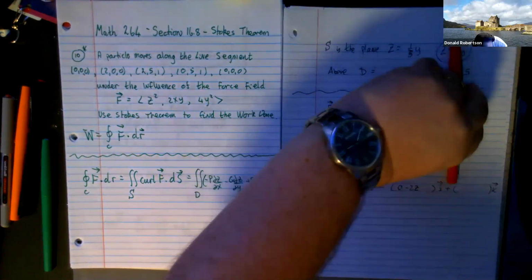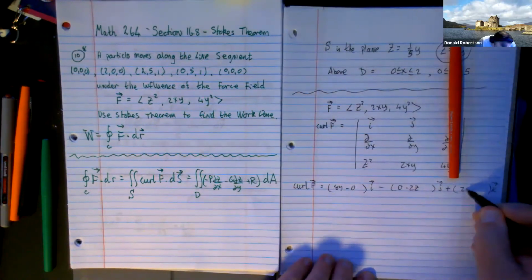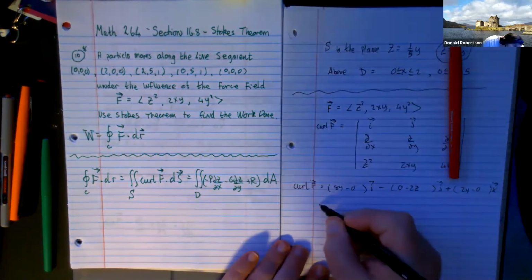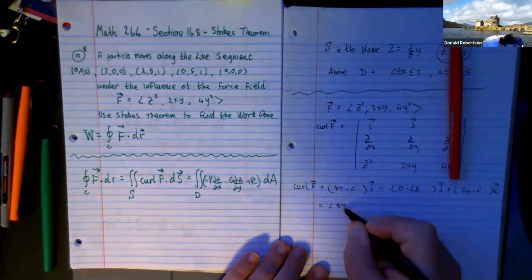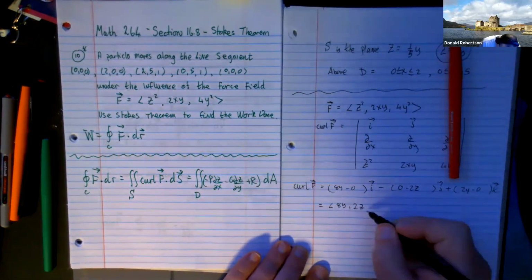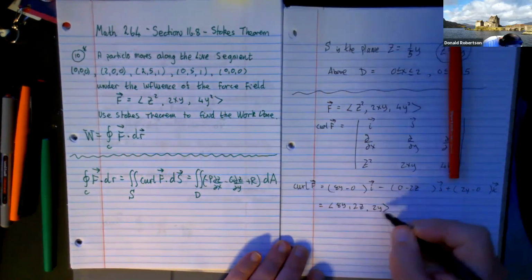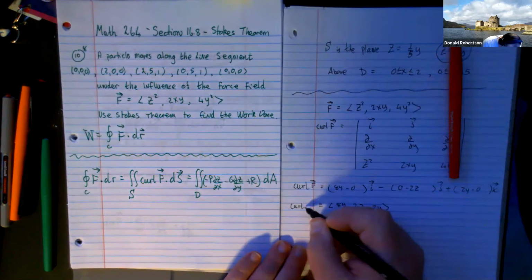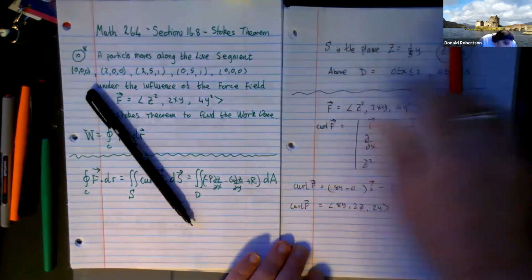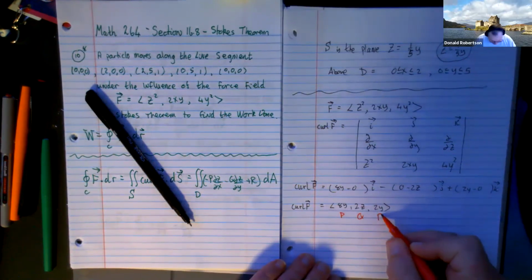If we do the last one, we get 2y, take away nothing. And so it looks like we've got an 8y, two negatives make a positive, a 2z, and a 2y. That means we've got a P, we've got a Q, and we've got an R.